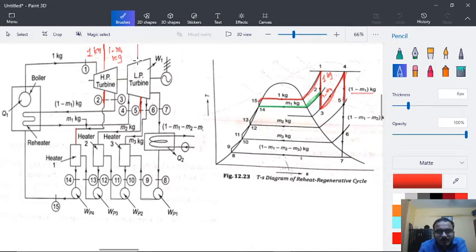So if we divide this LP turbine, then this is 1 minus m1, and here it will be 1 minus m1 minus m2. And why is it 1 minus m1 minus m2? Because m2 kg is extracted over here and going into heater number 2. So here we have this further expansion happening in the LP turbine. Here we have extracted m2 kg in heater number 2.